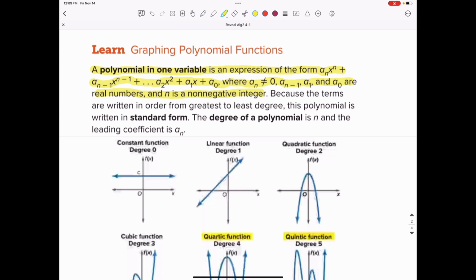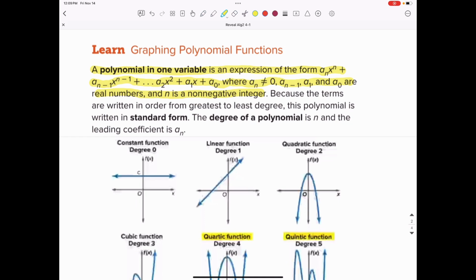I know that sounds really scary, but what that simply means is it is a polynomial function that involves whole number exponents. It can have fractional coefficients, but it goes in descending order of exponents. So that's what that n minus 1 and all that means.